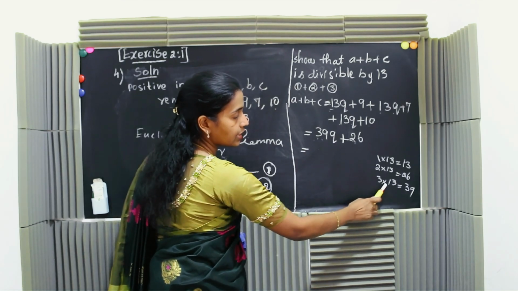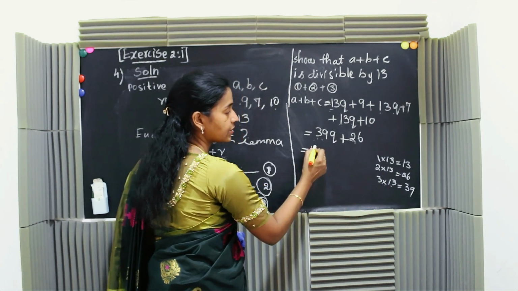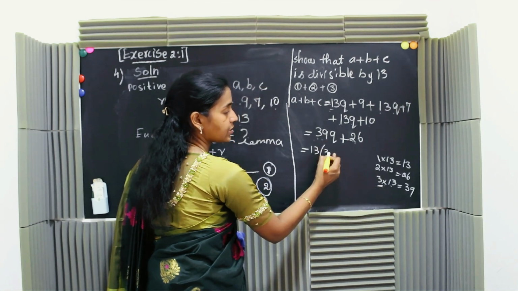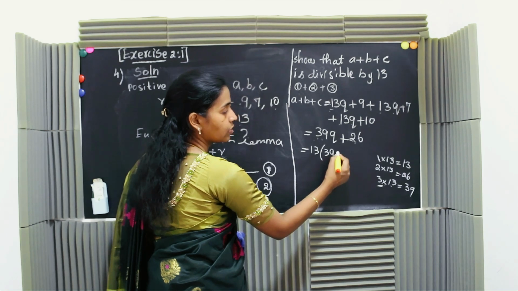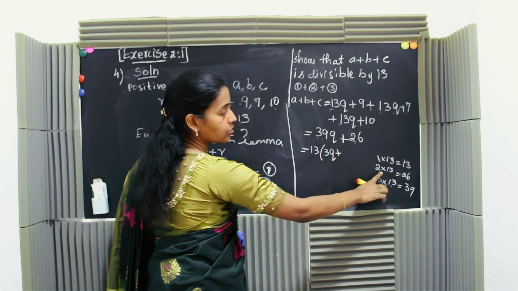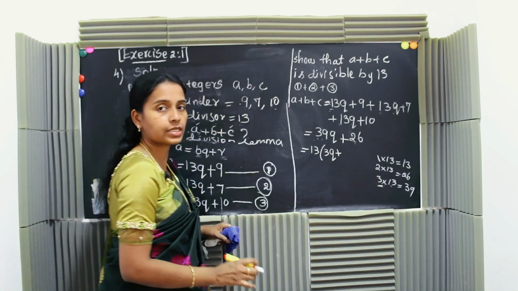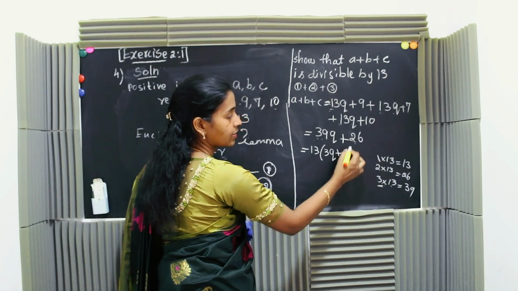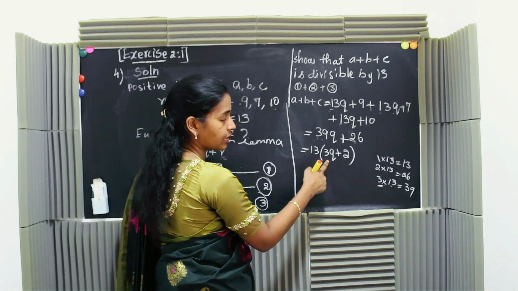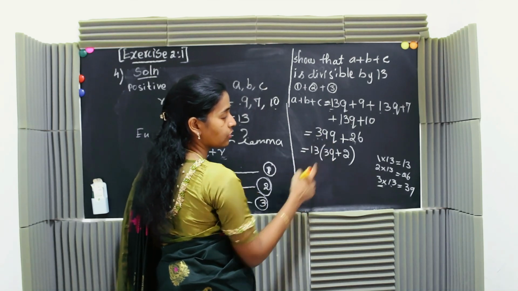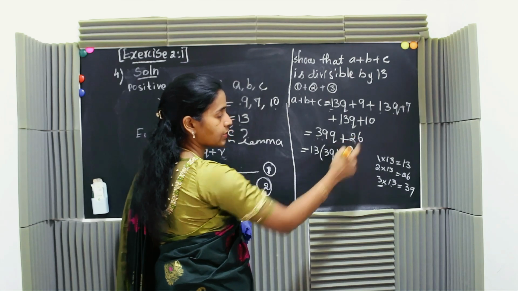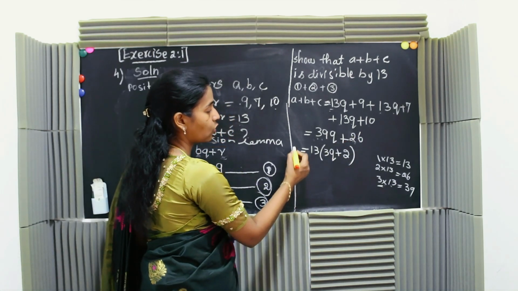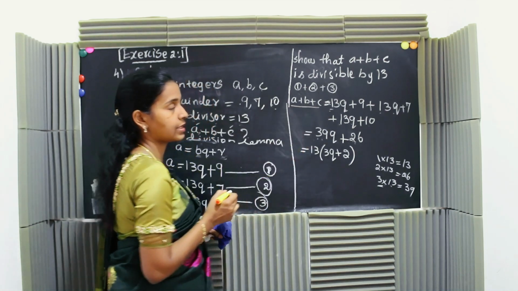So 3 into 13. I am taking 13 outside. So 3 would be coming inside. So 3Q plus 26. 2 into 13 equals 26. So I am taking 13 outside. 2 would be inside, right? 13 into 3, 39Q. 13 into 2, 26. Right? So, this is the value of A plus B plus C.